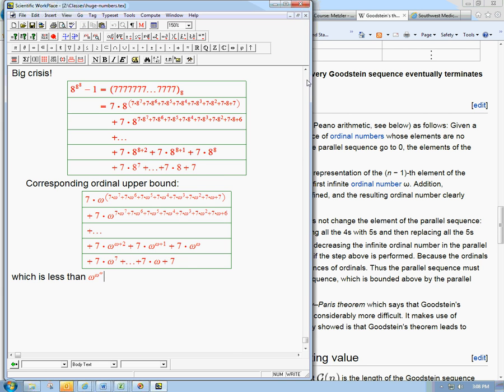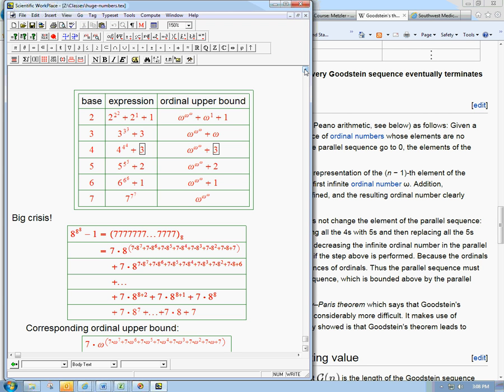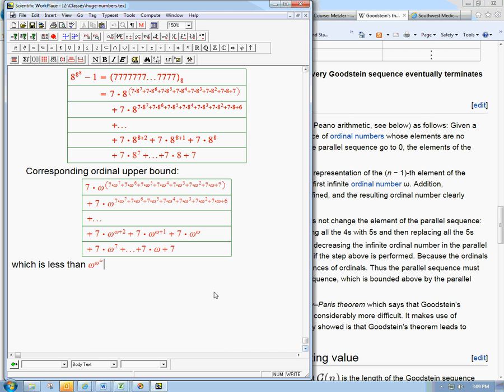Okay, so that keeps happening. Every time we have a crisis, a simple ordinal expression is replaced by a more complicated but smaller one. I'm not going to go further in showing it explicitly, but the claim is that the ordinal sequence is strictly decreasing, and therefore it eventually goes to 0.